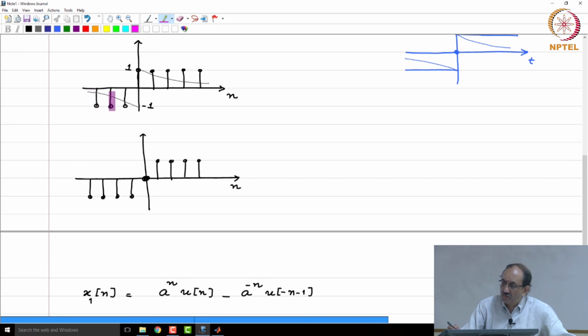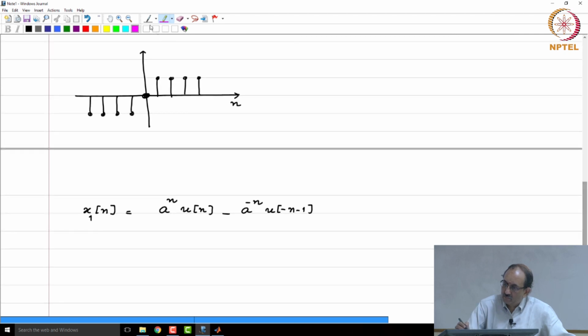And then if I now let a tend to 1, then I will get the SGN sequence as defined in this case. So this of course is a to the n u of n minus a to the minus 1 power n u of minus n minus 1.